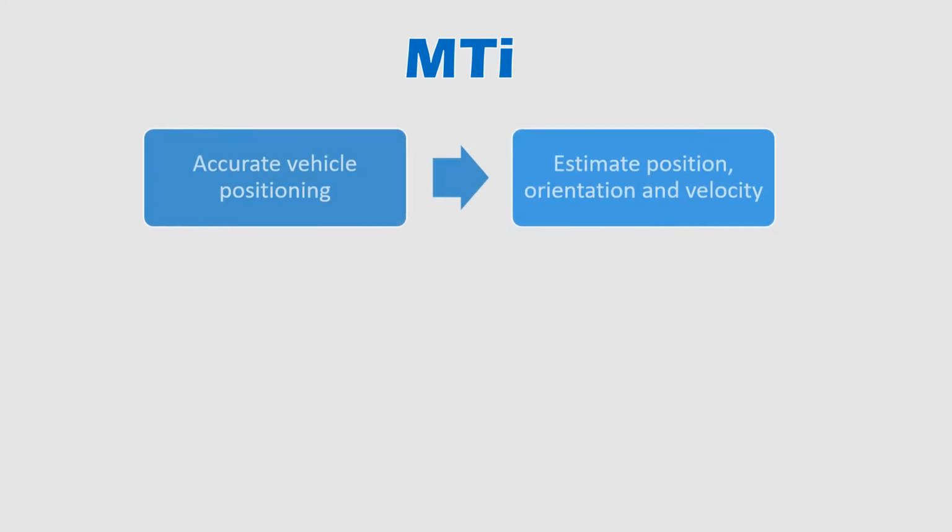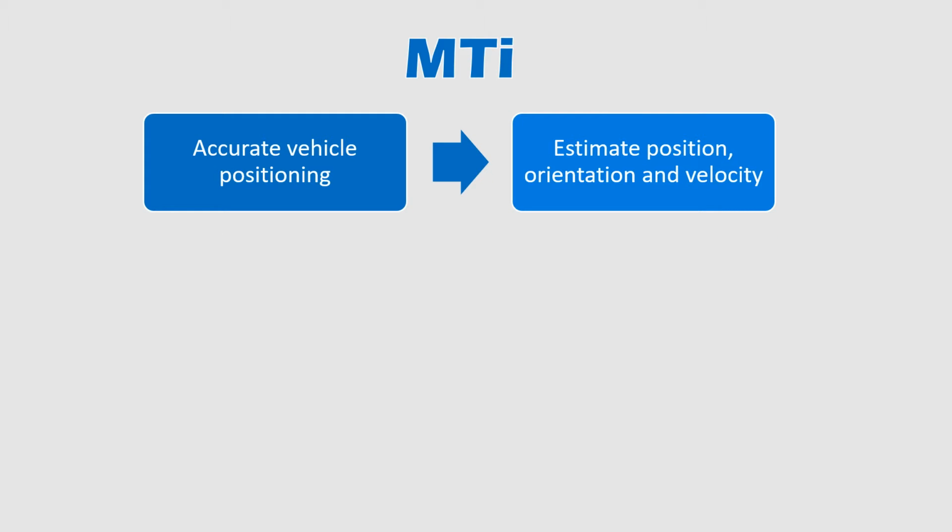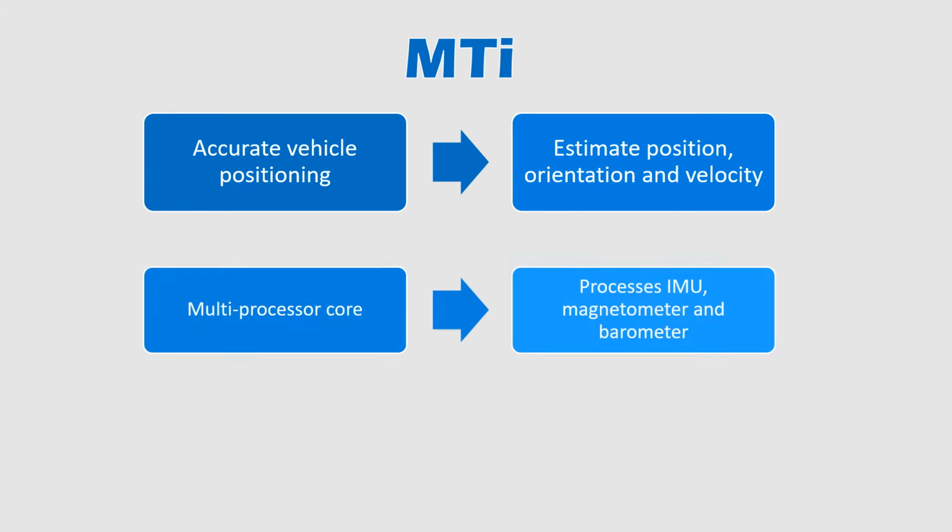To reach the objective of accurate vehicle positioning and integrate response events, it is necessary to estimate position, orientation, and velocity of the system with high measurement rates. All MTis have a powerful multiprocessor core.